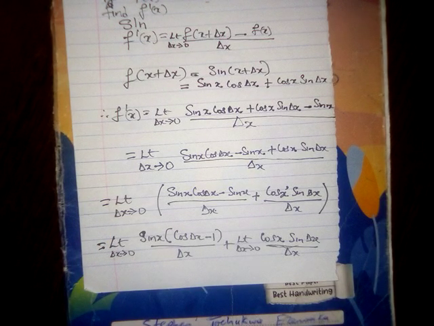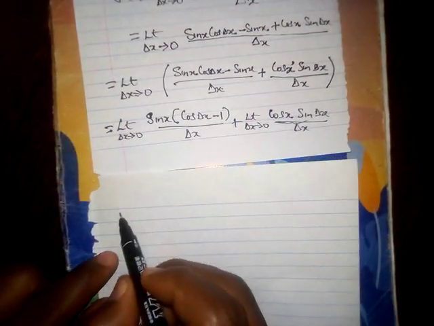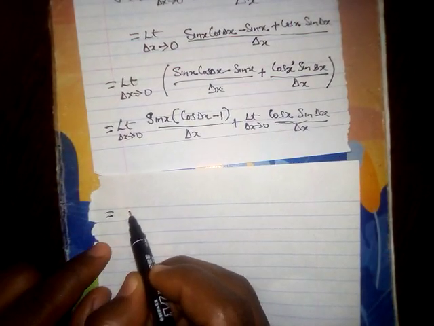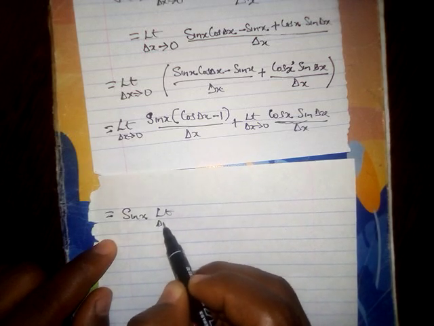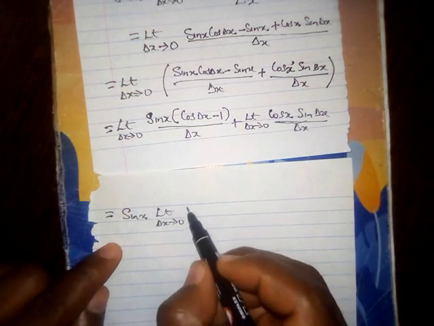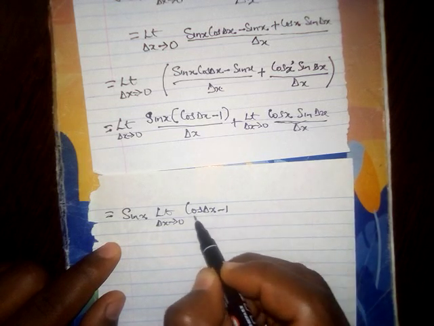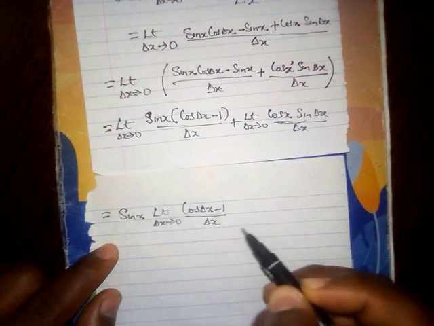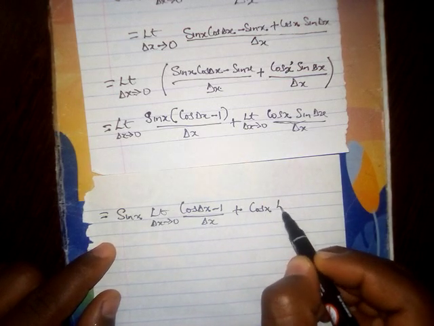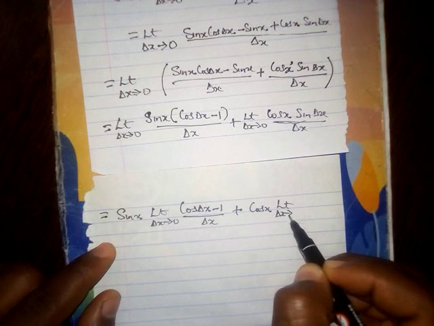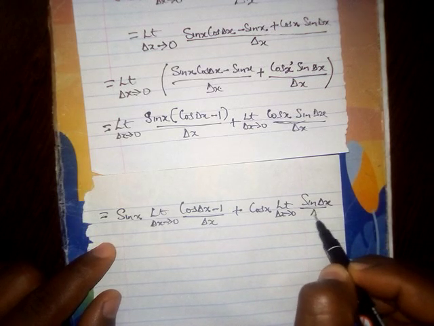So what we do next is we bring out this sine. So we have sine x times the limit as change in x approaches 0 of cos change in x minus 1 all over change in x, plus cos x times the limit as change in x approaches 0 of sine change in x over change in x.